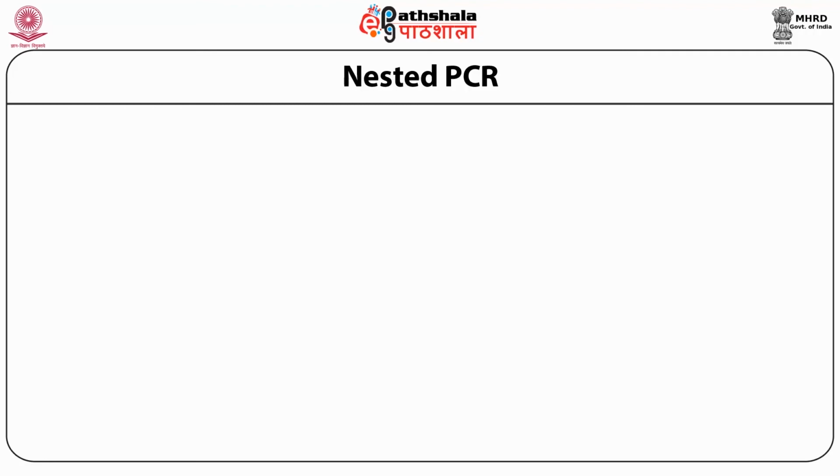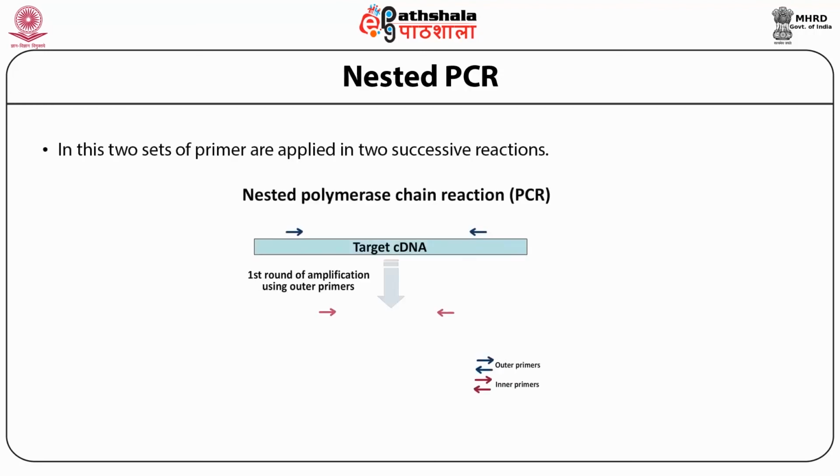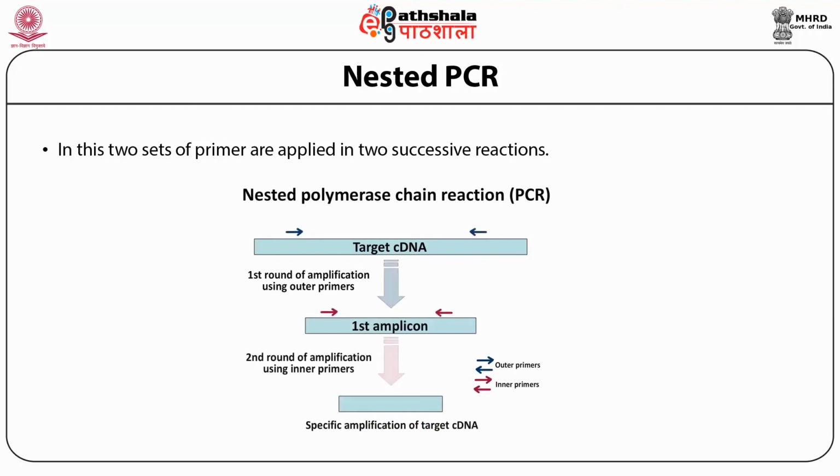Nested PCR is used for increasing the specificity of PCR. In this, two sets of primers are applied in two successive reactions. In the first reaction, one primer set generates a product which contains regions from non-target areas.